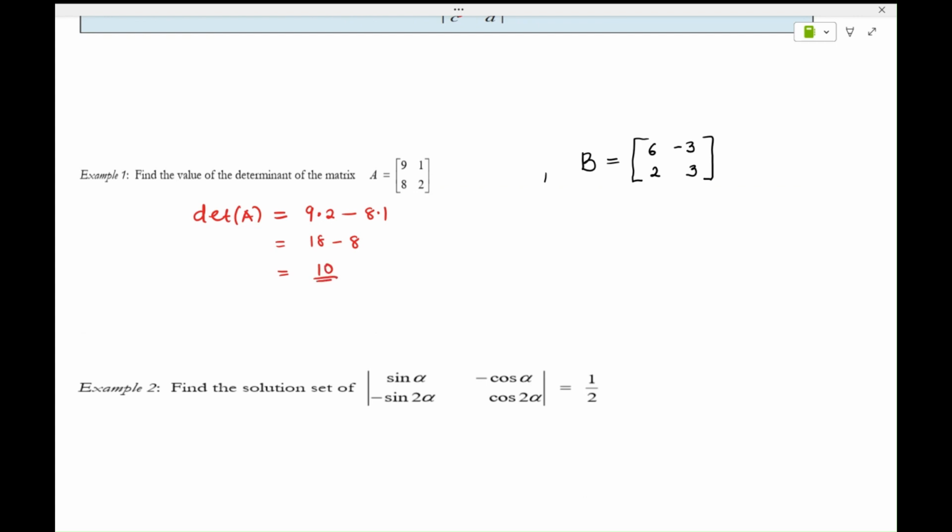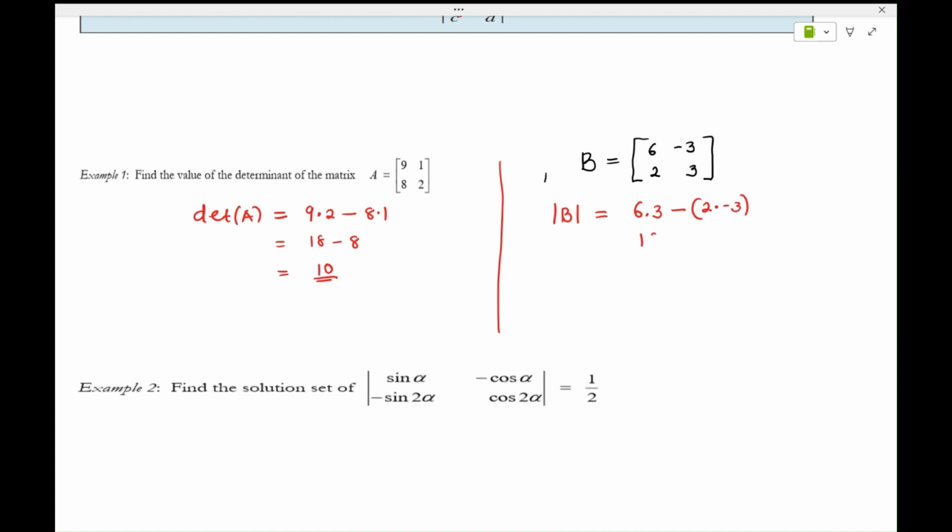So for this one, you want to find that of B, we can use this. Determinant of B is just 6 multiplied by 3. Then minus, here you see you have 2 times minus 3, right?